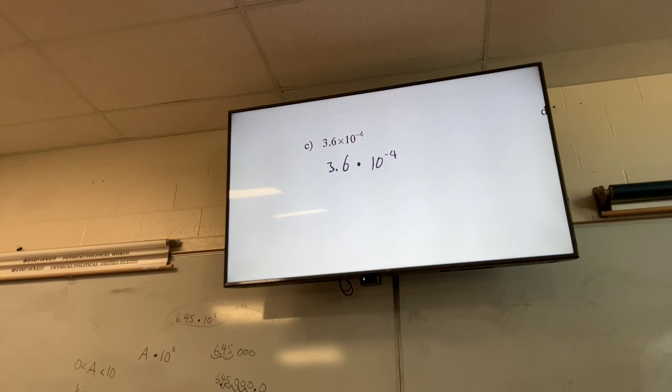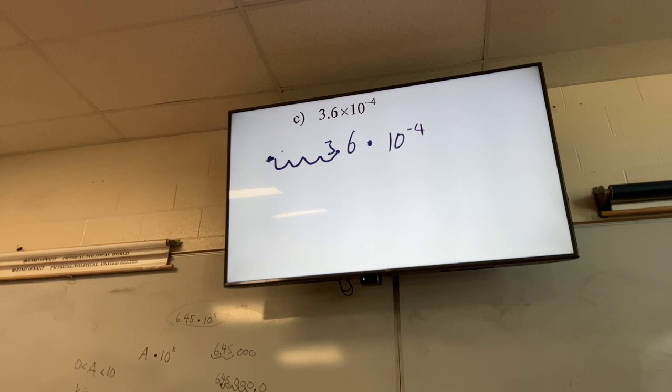Yeah, so you're spot on. Going from scientific to standard notation, when you multiply by 10 to the -4, that means to go back to standard, you move the decimal to the left 4 times. 1, 2, 3, 4. Now it's right here. Anywhere there's an empty space gets a 0.